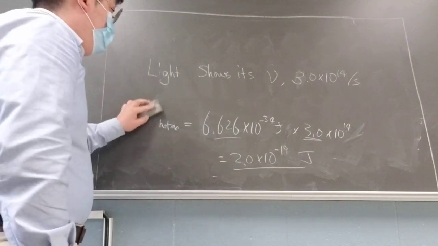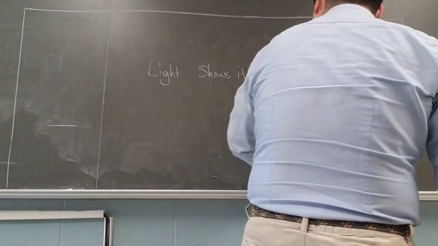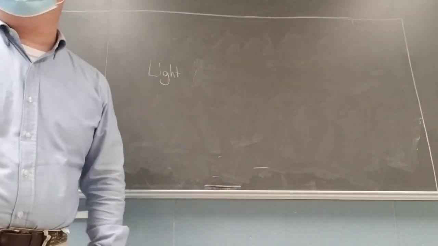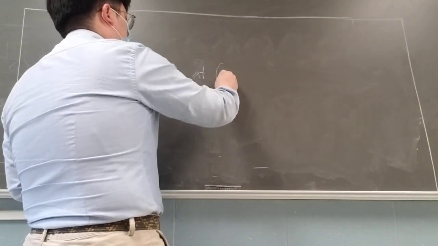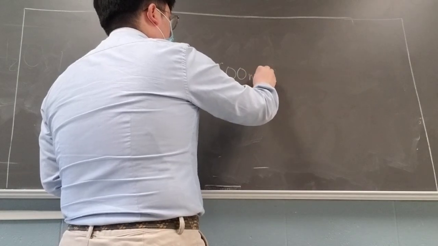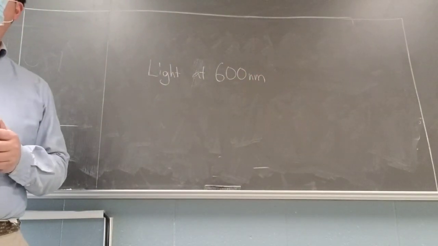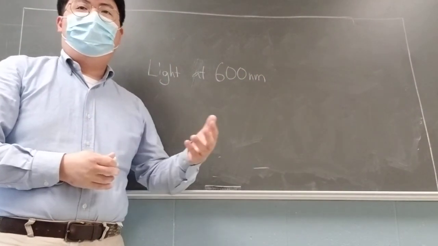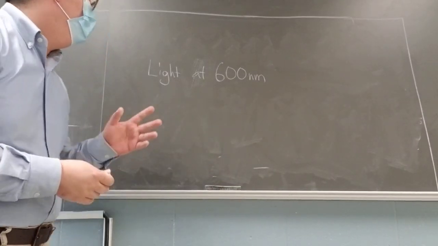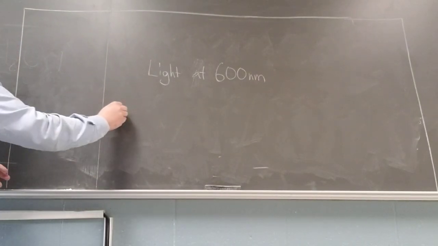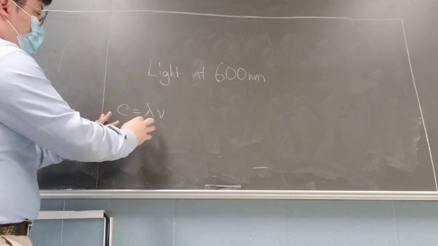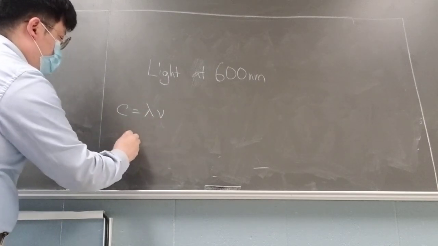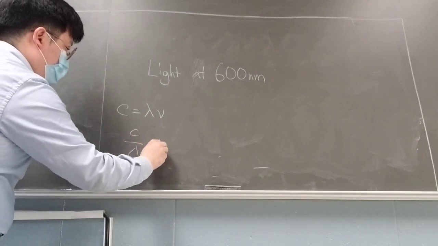Just one more thing from here: sometimes I will not give you the frequency, but I will give you the wavelength. For example, this light is at maybe 600 nanometer wavelength, and you're asking, what do you mean? I don't have a number for frequency. How can I get a number for the one photon energy? We're going to use this equation: c equals lambda times frequency, ν.